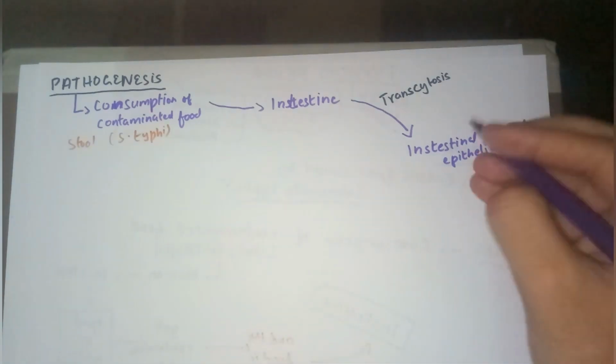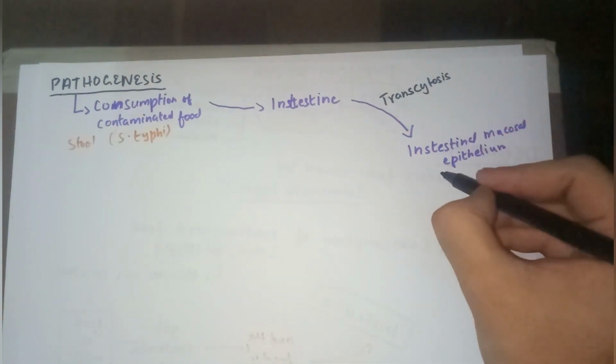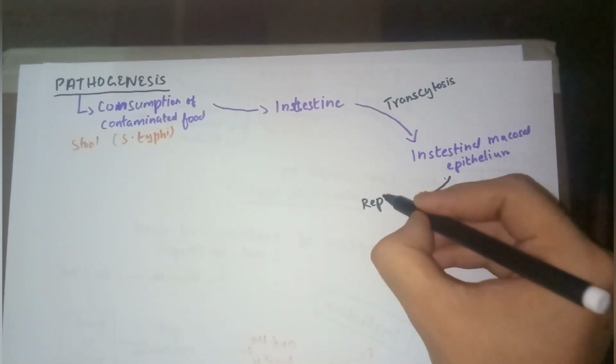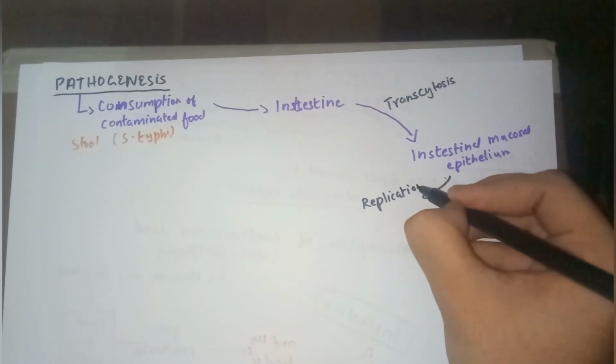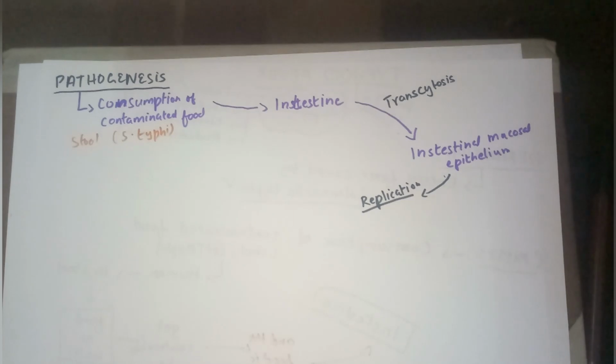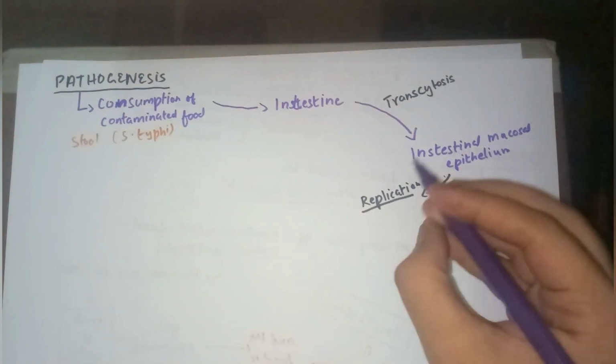From there, when it goes inside, what will it start? It will start a dangerous process, which is replication. It will start its replication. Okay, and it will start replication inside three things. What are those three things?